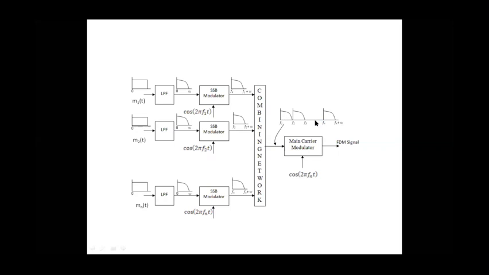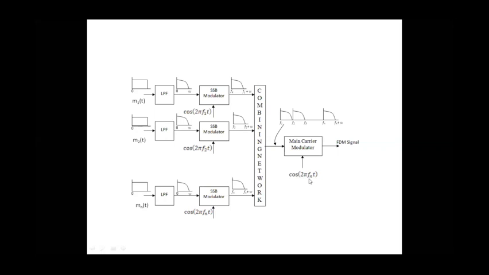After having a frequency division multiplexed signal, we need to transmit it over the channel. Before transmitting over the channel, we need to perform once again a carrier modulation. Whatever carrier is used at this stage is called the main carrier. Here the main carrier is Fc, not Fn.